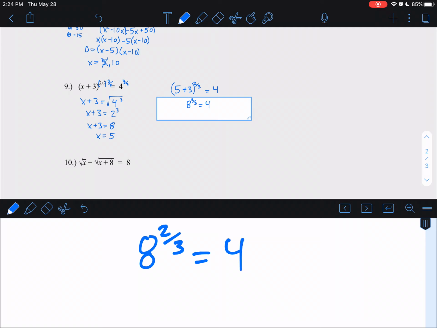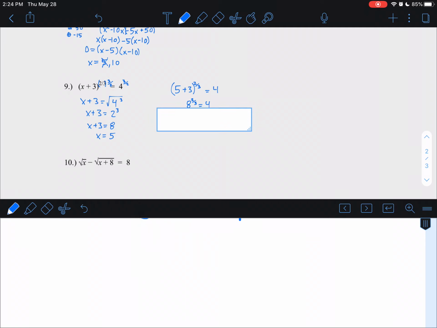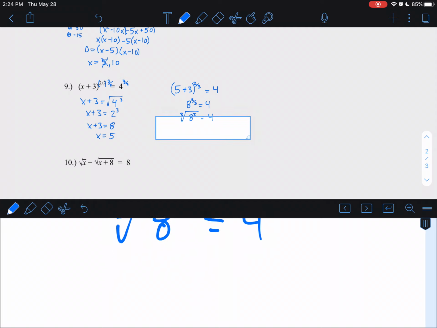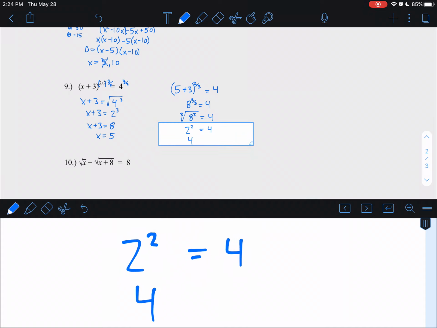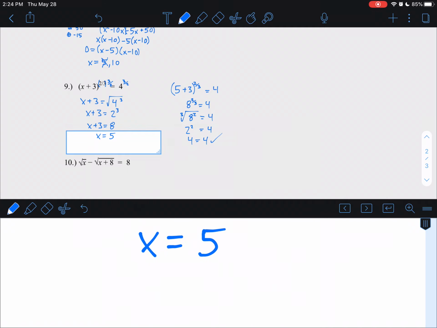I'm going to rewrite this 8 to the 2/3 power as the cubed root of 8 squared. I'll do the cubed root first. The cubed root of 8, I know that that is 2. So that's going to give me 2 squared, which should equal 4. And it does, because 2 squared equals 4. So 4 equals 4, therefore the answer is 5.